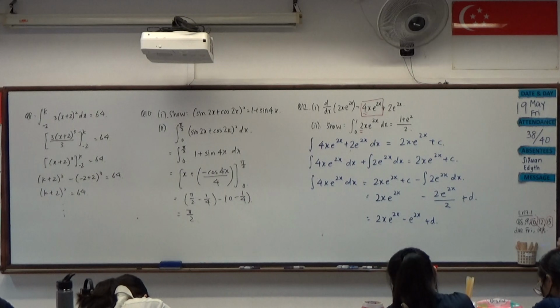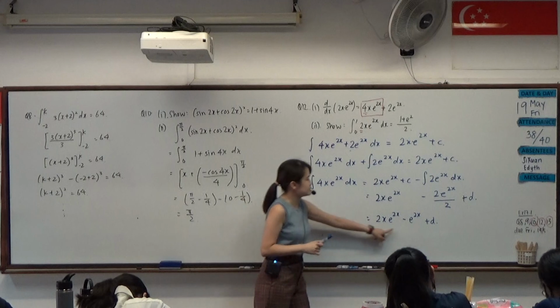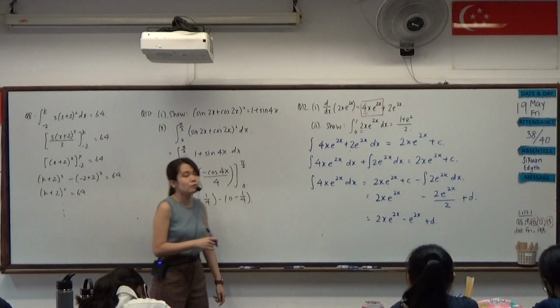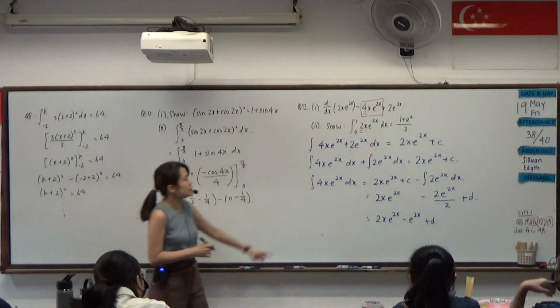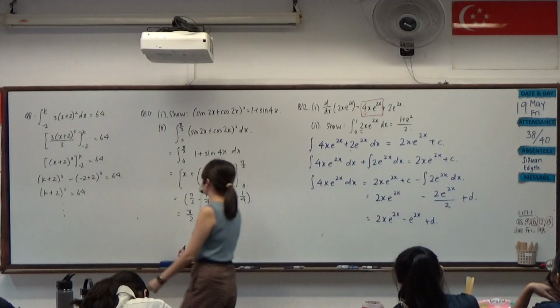So at this stage we know that integrating 4x e to the power of 2x will give us this expression. We are actually a few more steps away from this value.